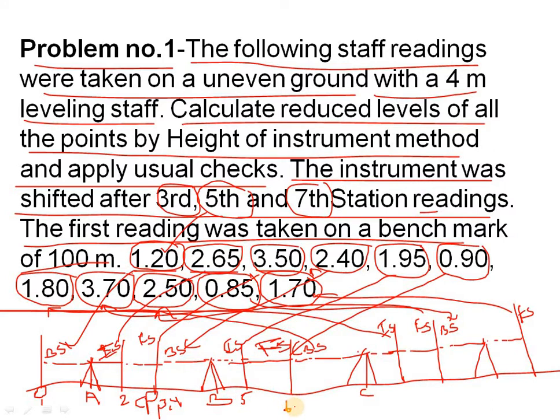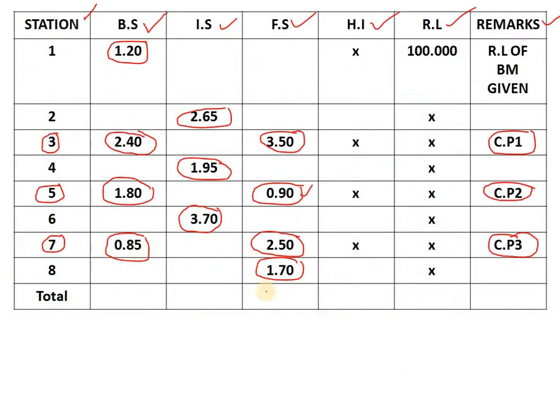So here 6 and 7 will be meeting here, and this is 8, 9, 10. Okay. So these are called totally 10 points. You can see 1, 2, 3, 4, 5, 6, 7, 8, 9, 10, 11. So we are having 11.